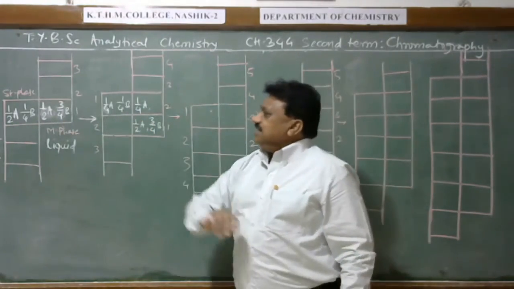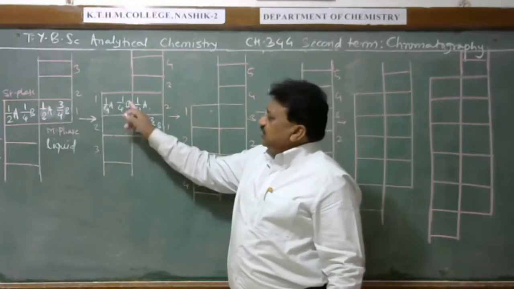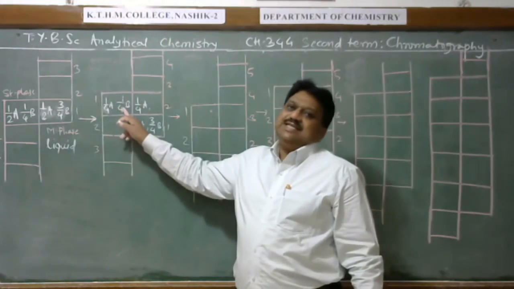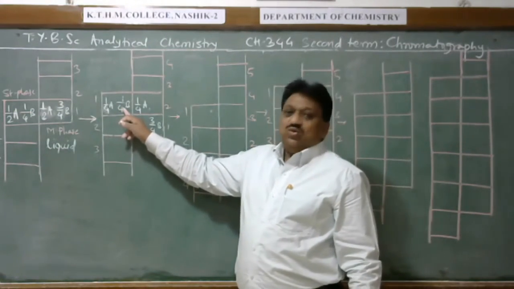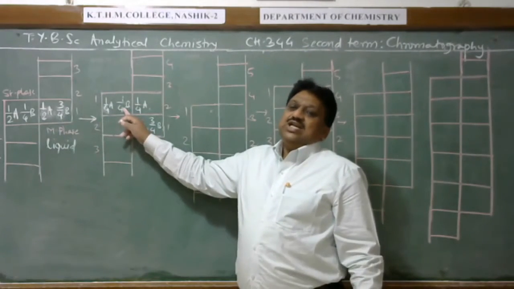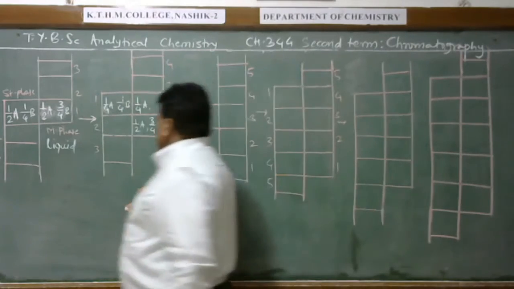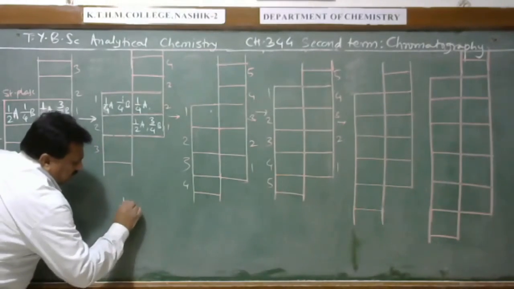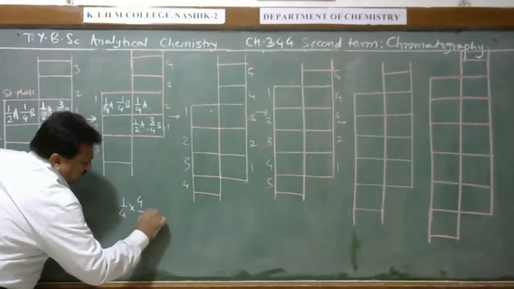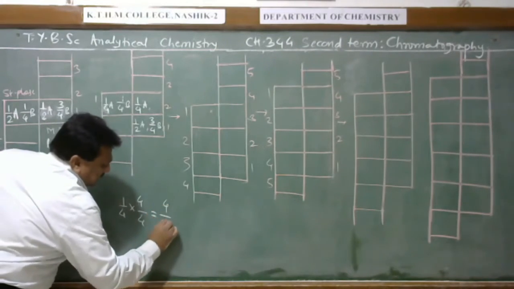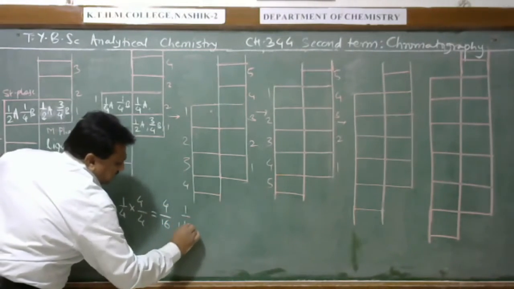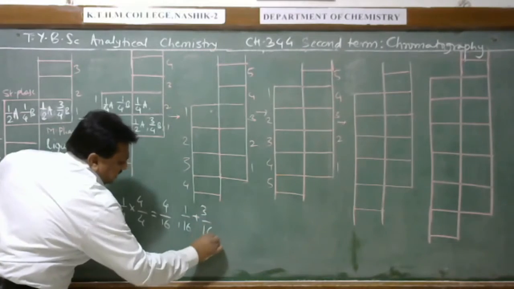Now how is B distributed? Initially 1/4 B is present in the stationary phase. We have to distribute it as 25% and 75%. Therefore 1/4 into 4 divided by 4 means 4/16, that is 1/16 plus 3/16.